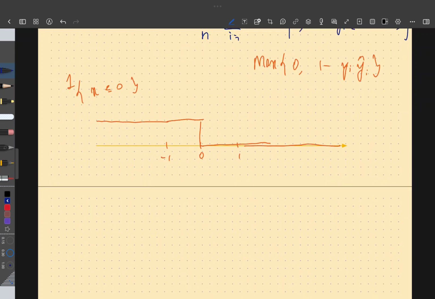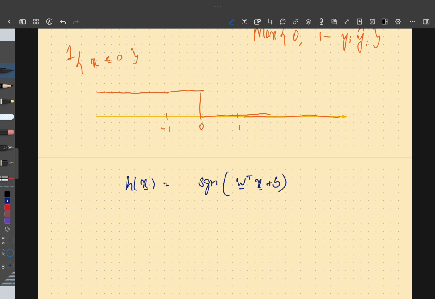So h of x is basically the sign of w transpose x plus b, and the 0-1 loss is the indicator of y times w transpose x plus b less than 0.